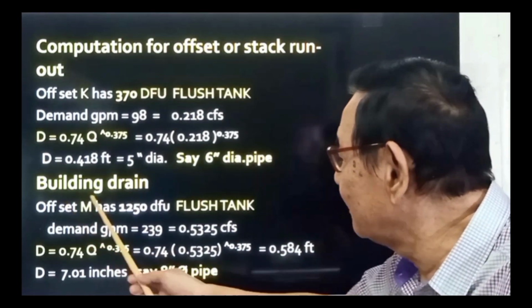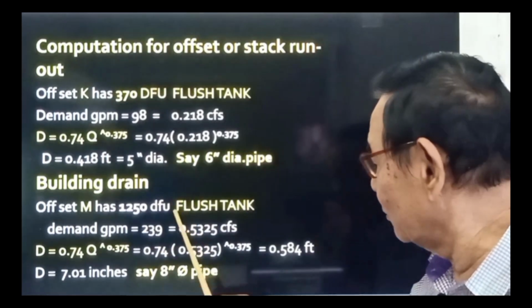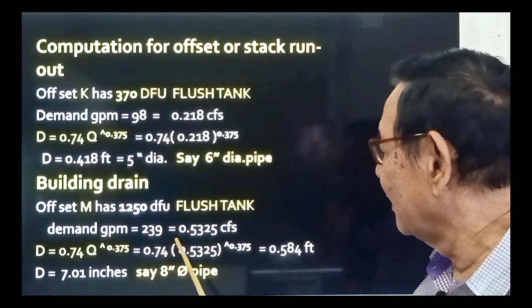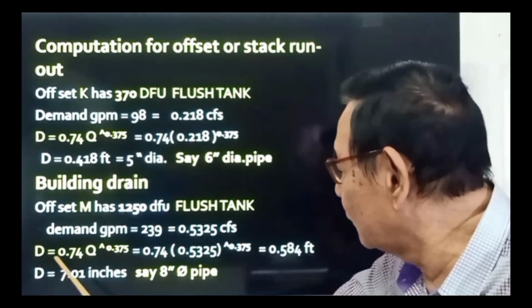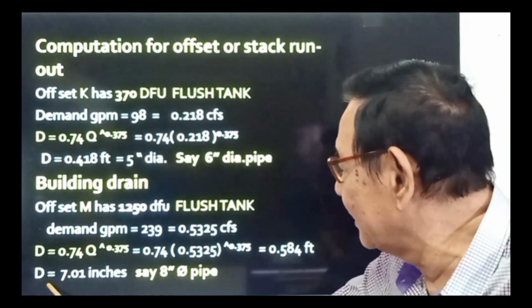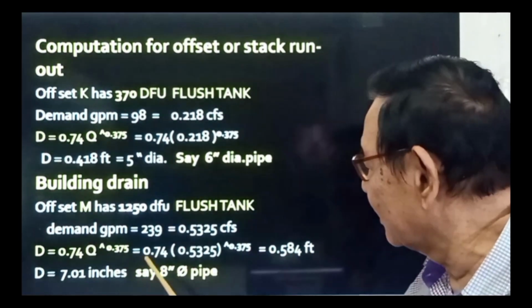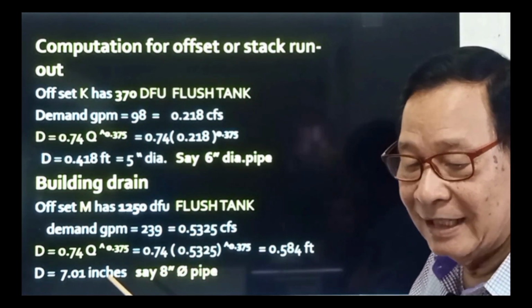For the building drain, which is 1,250 drain fixture units, I use flush tank. Our demand is 239 GPM, 0.532 cubic feet per second. Applying the formulas, the diameter is 0.584 feet or 7 inches. Since we don't have 7 inches, say 8 inches diameter.